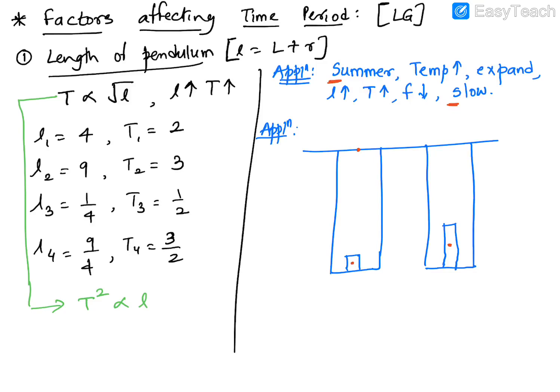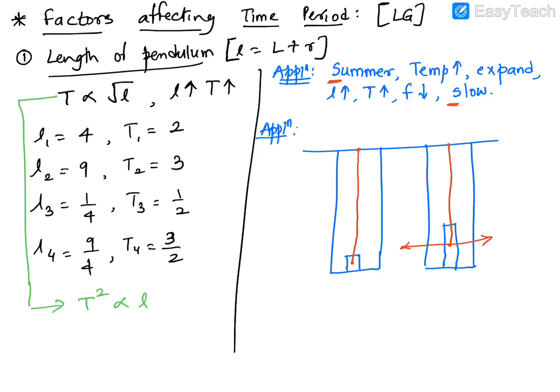Did you notice the center of the bob, or the center of gravity, is not the same in both cases? Why? Because in one case the person is standing. So measure the distance from the point of suspension to this, this distance, got it?